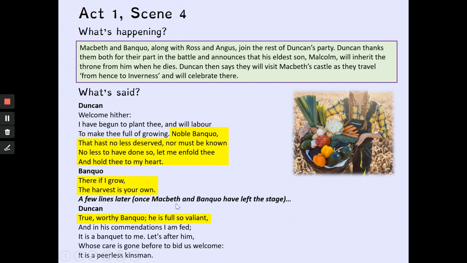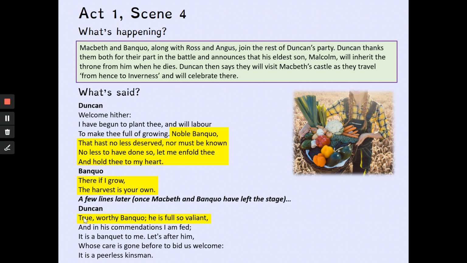But the fact he's reflecting on that when Banquo has left the stage makes us realise that he fully appreciates Banquo, and that he's having this moment of vision or moment of clarity here, where he really recognises that Banquo is the true and most worthy of the two. Unfortunately for Duncan, that's a little bit too little too late, because we know that he's already given the title Thane of Cawdor to Macbeth.